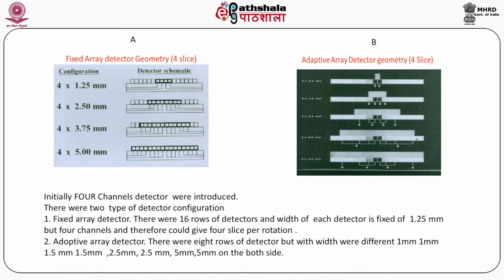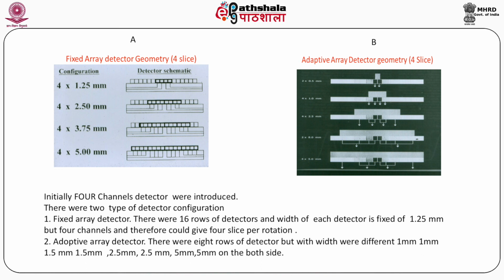In fact, there were 2 types of technology used initially. One used fixed array detector technology, and the other used adaptive array technology. In fixed array technology, detector width used to be fixed.